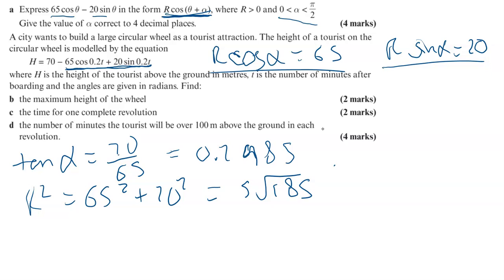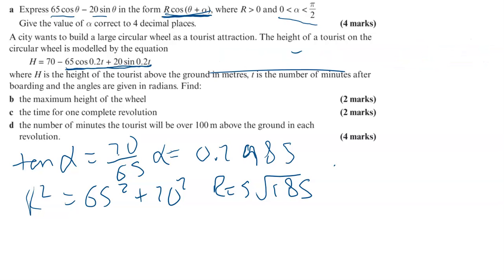We have alpha equals that, and r squared there, r equals this. So we can now rewrite it in this form. It says give the value of alpha to 4 decimal places. I didn't actually read that, I just picked a nice place where the rounding was okay.